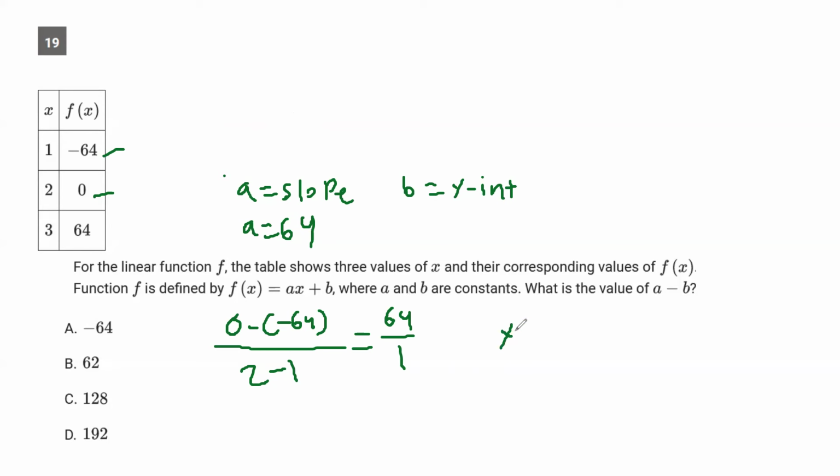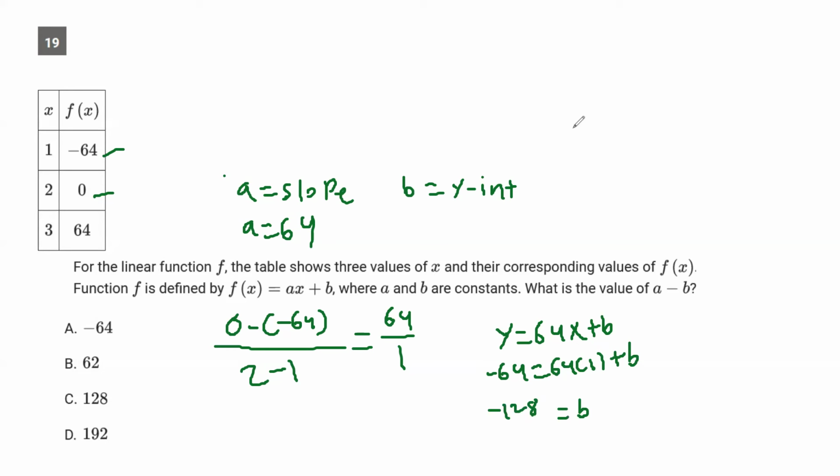Let's do y equals 64x plus b. You can plug in, you'll get negative 64 equals 64 times 1 plus b. So you get b equals negative 128.